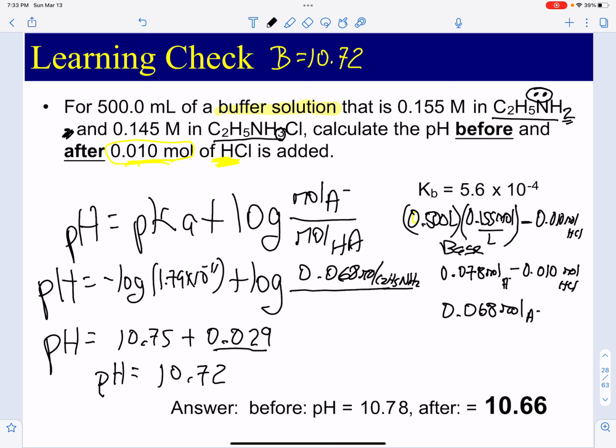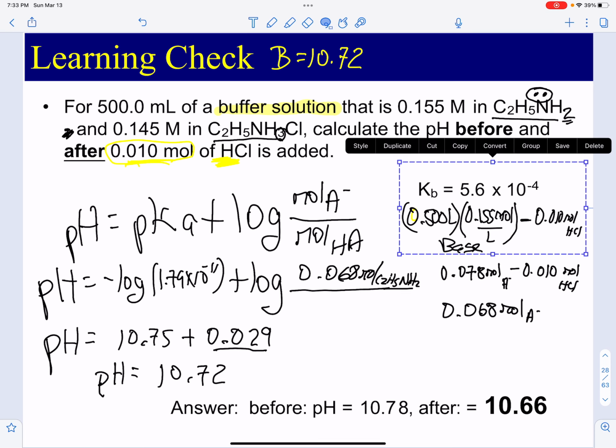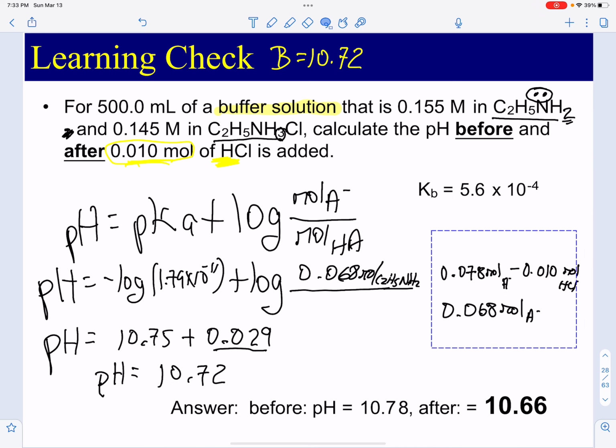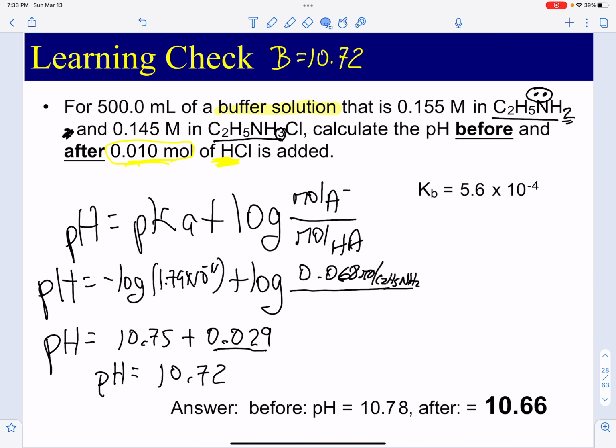So we do the same thing with the acid. Once more, we begin by finding out how many moles of the acid I have. I know I have that many liters, and the concentration of the acid is 0.145 moles per liter.